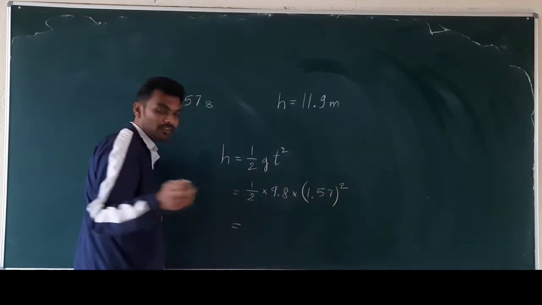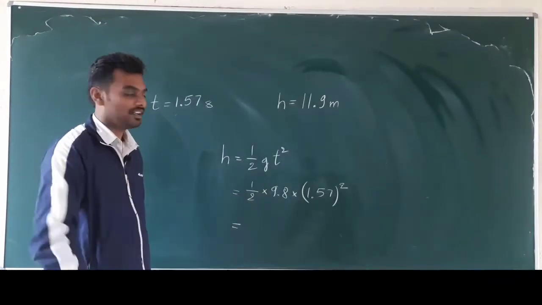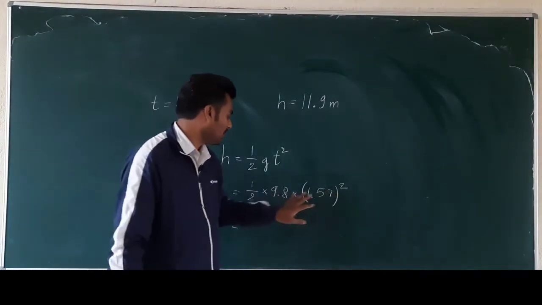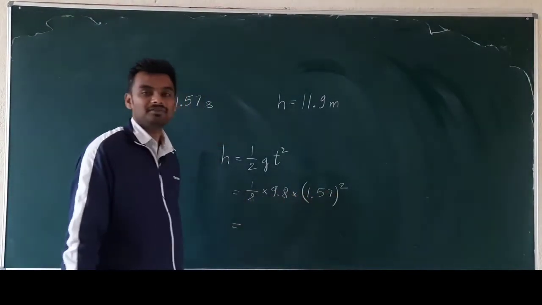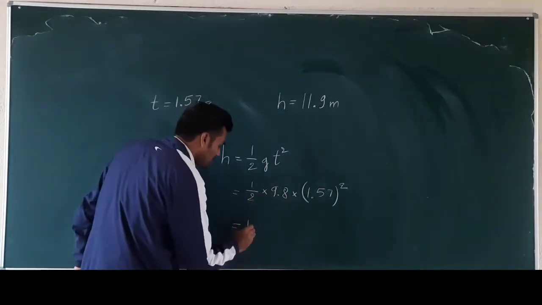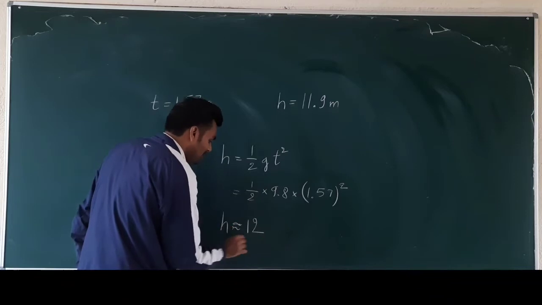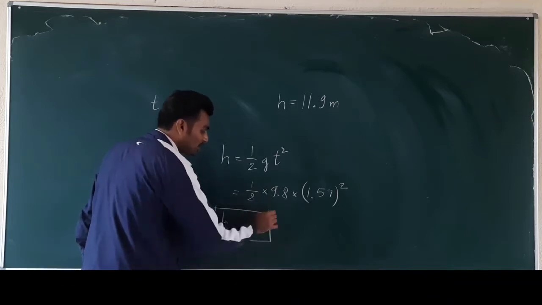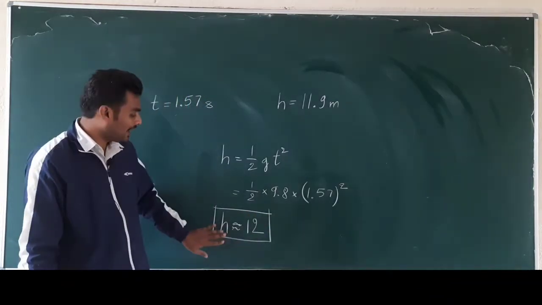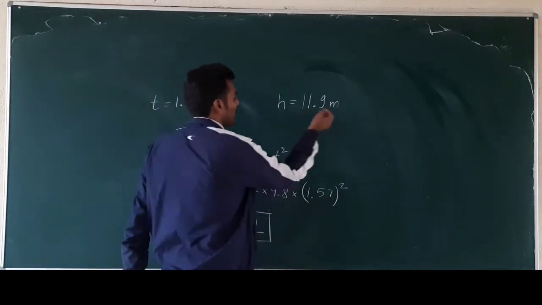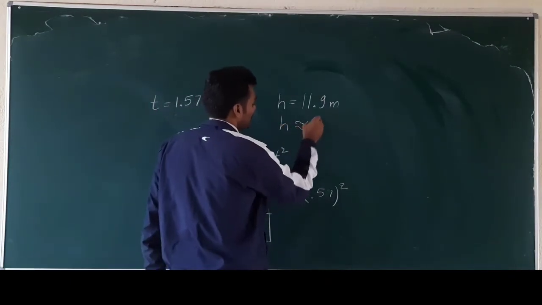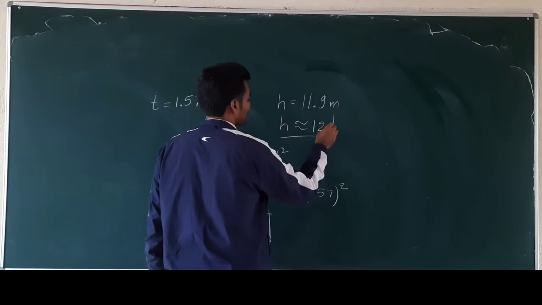Right, make use of a calculator and do the calculation. 1.57 squared into 9.8 into half, you will get close to 12. Okay, 12.0 something, but you will get the height close to 12, and the actual measured value is 11.9, which is again close to 12 meters.